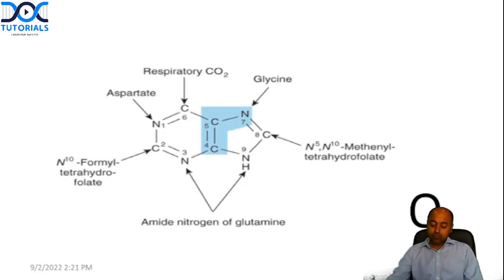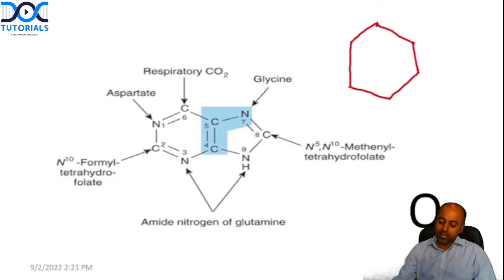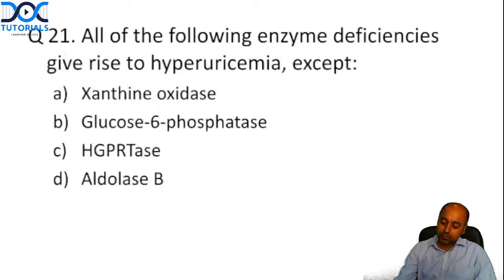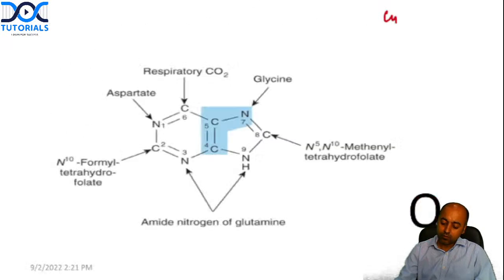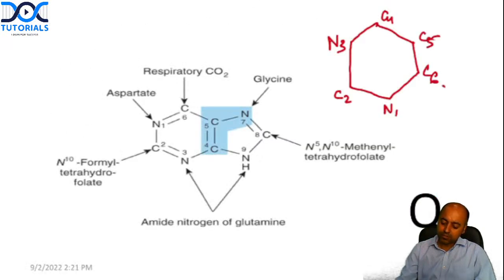In case of the pyrimidine, what is happening? This is N1, C2, N3, C4, C5, C6.